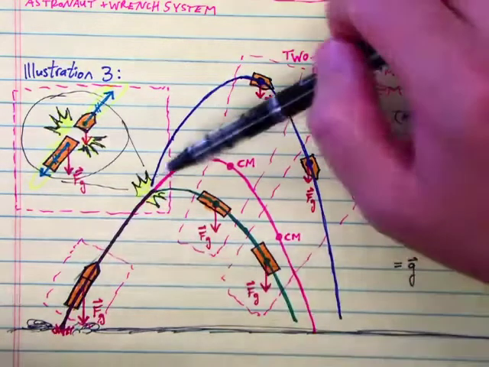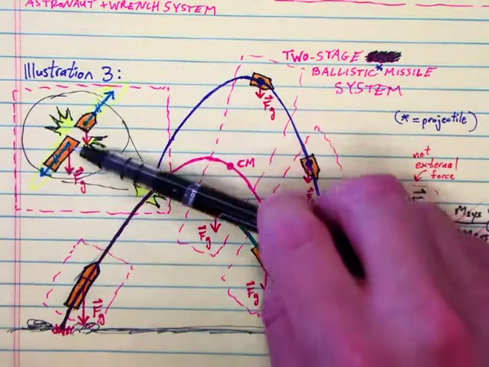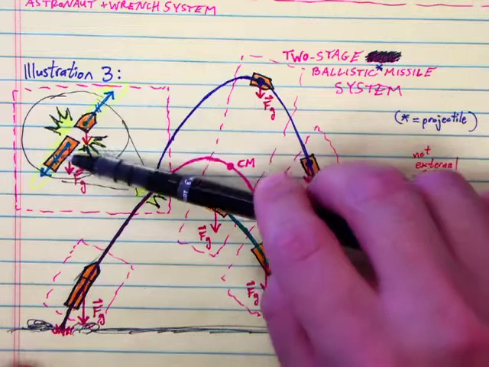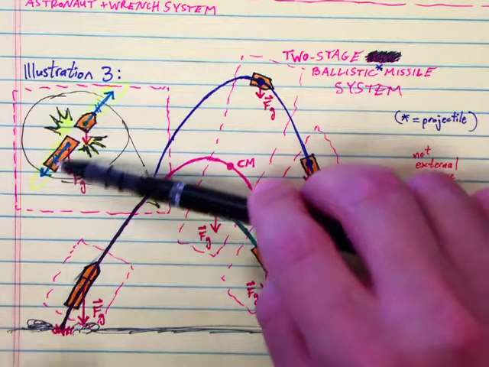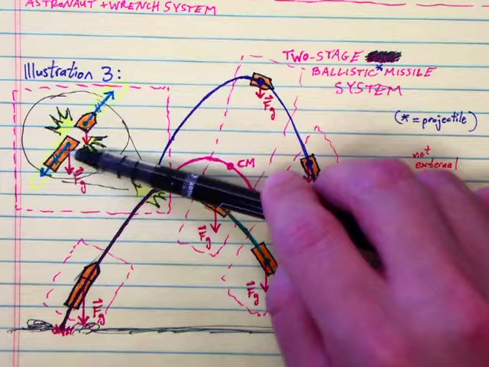And in this moment of separation, as we're jettisoning the first stage here, the explosive charge will exert an equal and opposite pair of Newton's third law internal forces on the first and second stage.